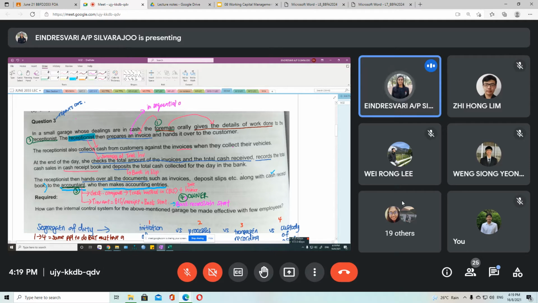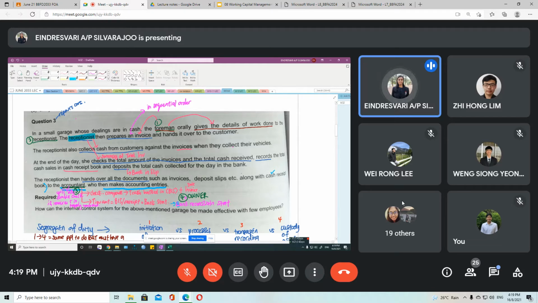All must be in sequential order so that if any invoice is missing, the accountant will also double check if invoices are in proper order, properly numbered. Can you guys follow?